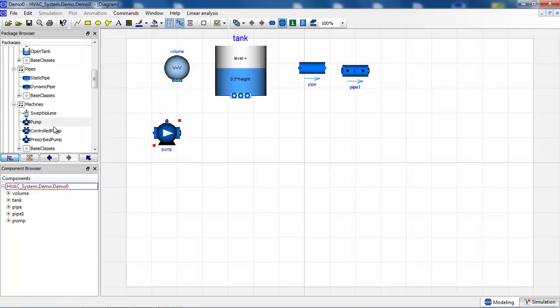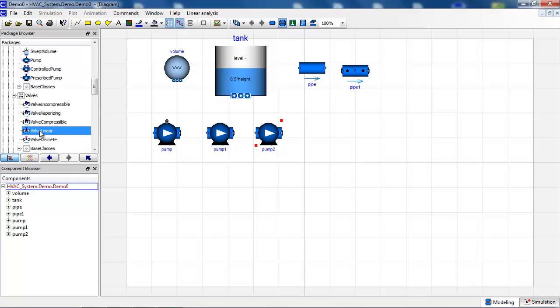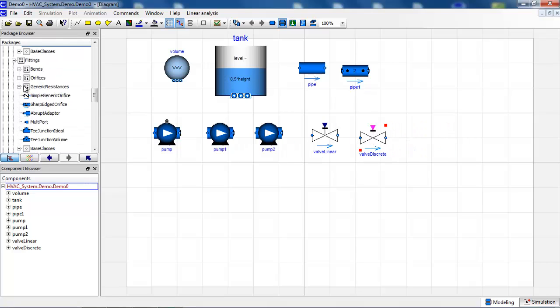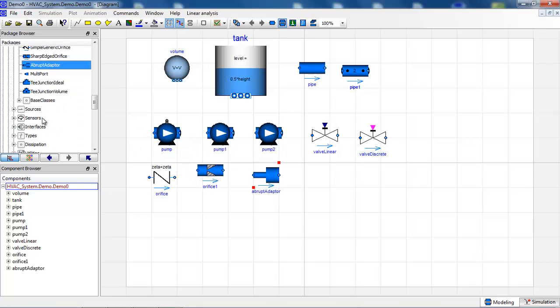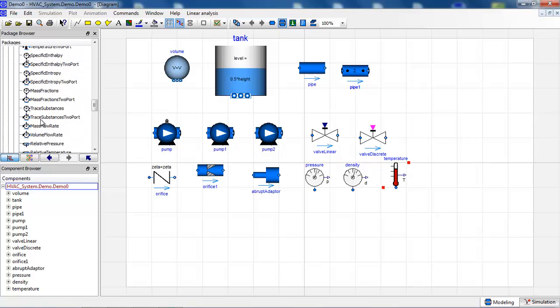We could have access to models for pump. We also have valve, discrete valve, and some generic resistance or pressure losses. And some sensors to measure the pressure, the density, the temperature inside my fluid, or the volume flow rate, for example.